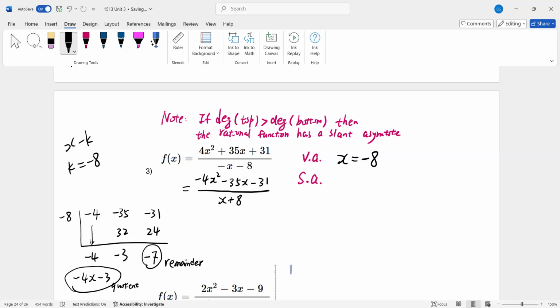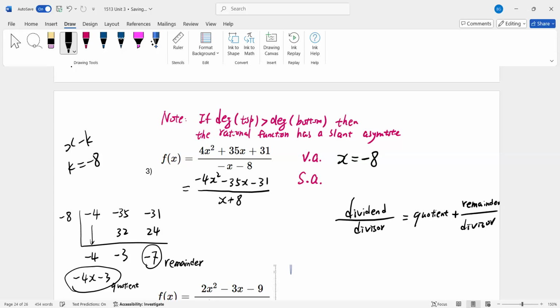When we divide a polynomial by another polynomial, the numerator polynomial is called the dividend. The denominator polynomial is called the divisor. And we can write the result as quotient plus remainder over divisor.